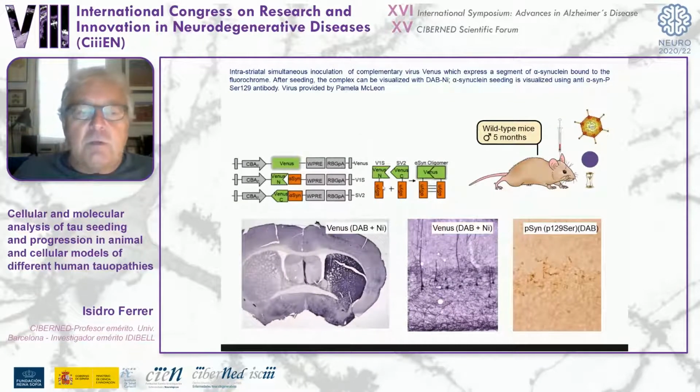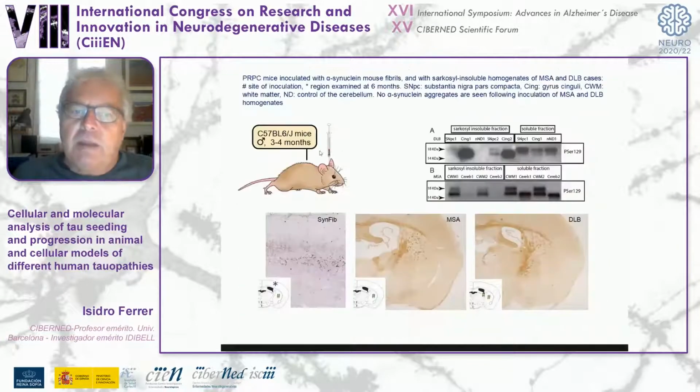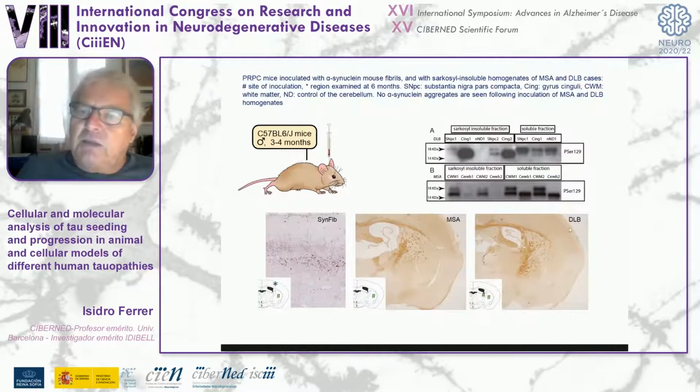And here we have used another model by using virus expressing different parts of alpha-synuclein. Here the system works perfectly when we are using segments of artificial alpha-synuclein, but we failed in the demonstration that homogenates coming from multiple system atrophy and diffuse Lewy body disease or dementia with Lewy body cases produced the appearance of this kind of thing.